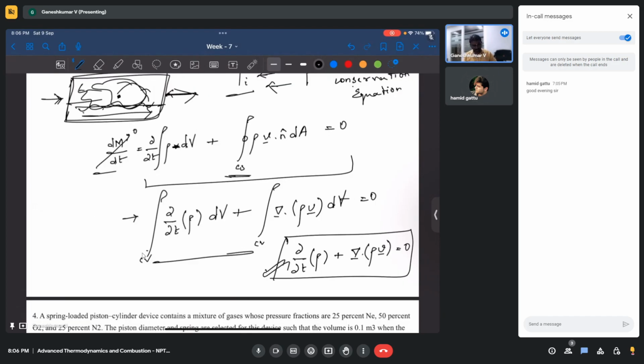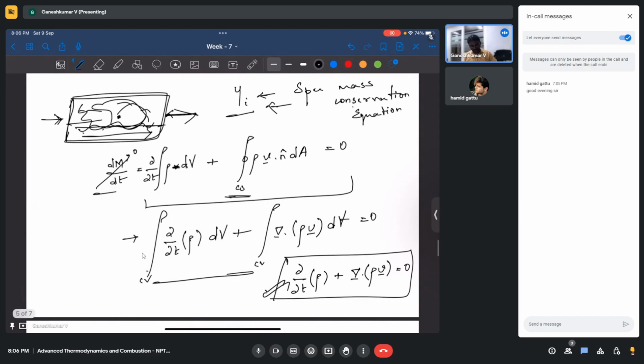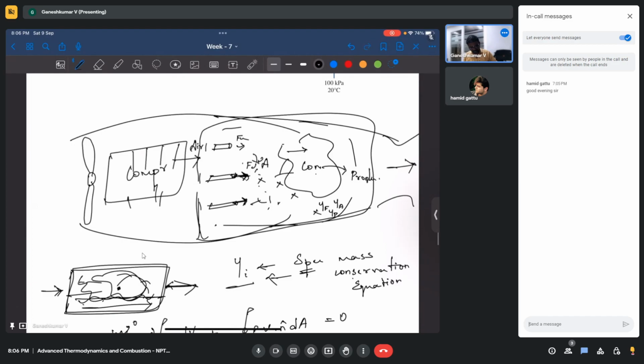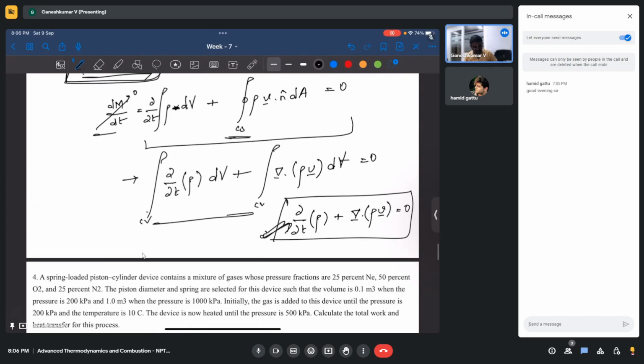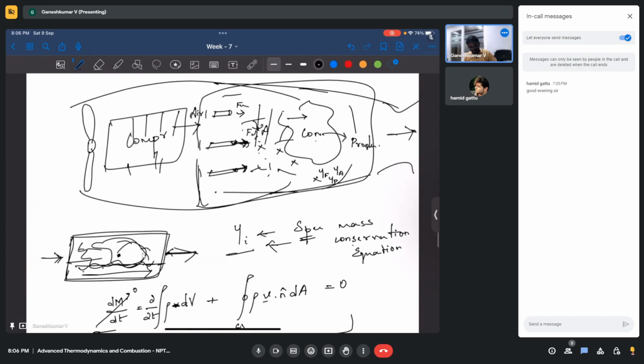Similarly, you can find the species mass fraction equation, and you can actually track where each and every species is going. That is what we do in CFD. We basically solve this kind of equation. That's why we discretize the whole domain into small control volumes, basically meshing, and then we do this.